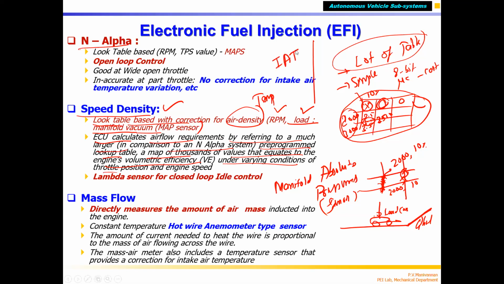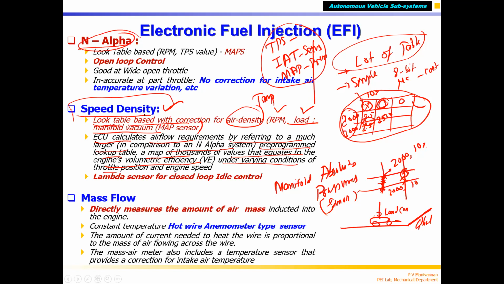If you see IC engine people, automobile companies, the sensor is called the IAT sensor, like TPS, throttle position sensor. IAT is the inlet air temperature sensor. MAP, manifold absolute pressure sensor. This is a pressure sensor, correct? This is air temperature. This is throttle position. All these things are used for correcting the N-alpha table.